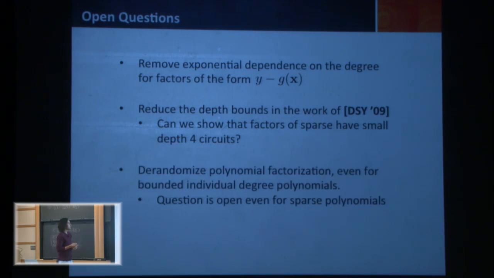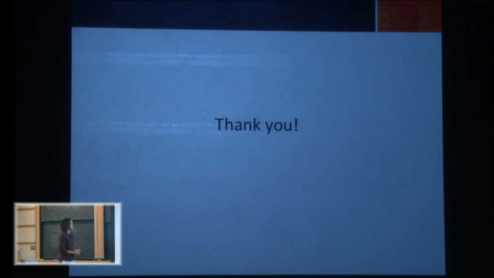And on the derandomization part, can we derandomize polynomial factorization, even for bounded individual degree polynomials? Currently, this question is open even for sparse polynomials with bounded individual degrees. We do not know how to factor deterministically sparse polynomials with bounded individual degrees. So that's all.